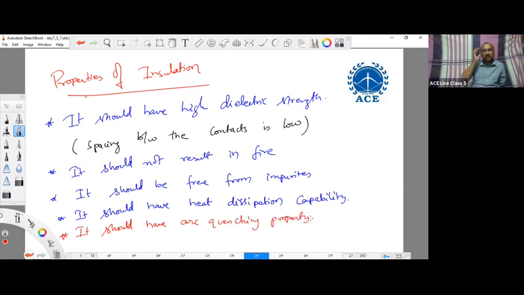So these are the properties the insulation should have: high dielectric strength, it should not result in fire, it should be free from impurities, it should have heat dissipation capability, and it should have arc quenching property, if you want to use it in a circuit breaker.